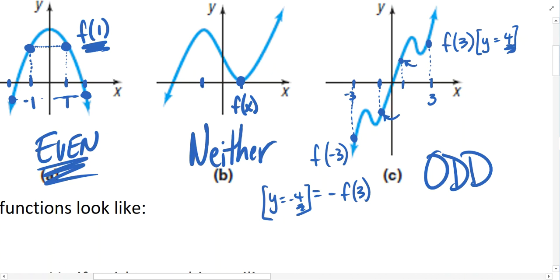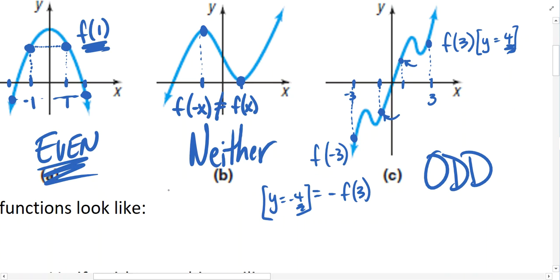If I were to choose the same position on the left side of the graph to represent f of -x, we can see that the y value associated with this position way over here is not at all the same as this one here. f of -x is not equal to f of x.